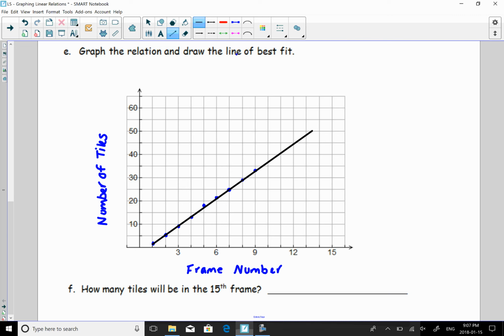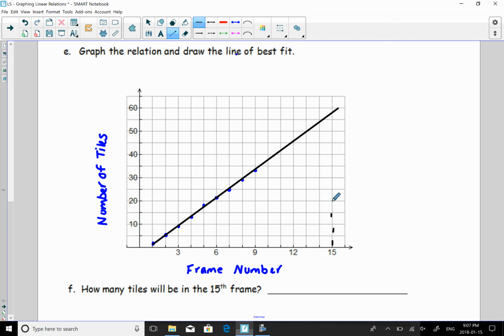If any point is off, it's most likely because I didn't have my point on the exact area. So again, line of best fits help us make predictions. So, how many tiles will be on the 15th frame? I can make a prediction based on my graph.